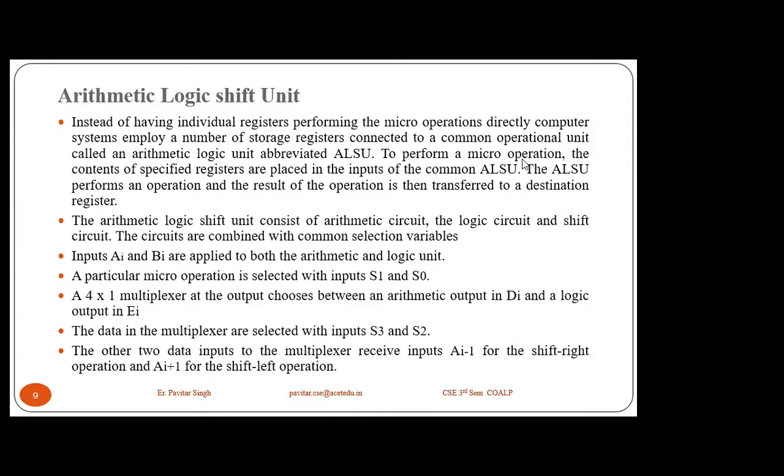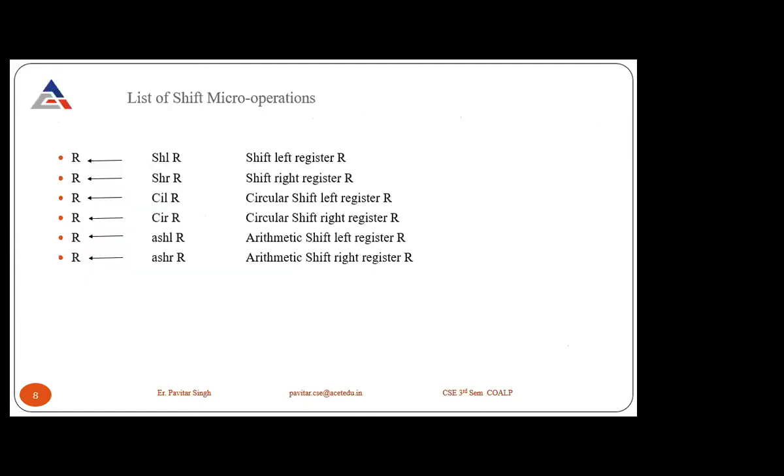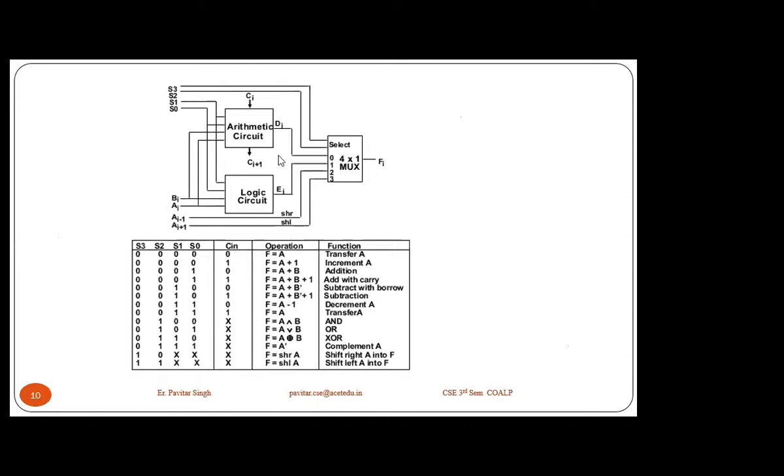To perform a micro operation, the contents of specified registers are placed in the inputs of the common ALSU. So let me show you the diagram first. Here you can see the upper one is the diagram for the ALSU, Arithmetic Logic Shift Unit, right?